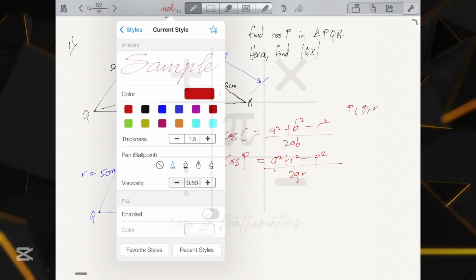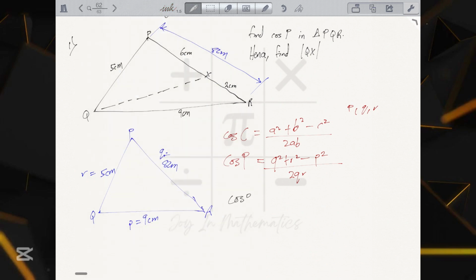Now let's simplify further. So we have cos P to be equals to Q squared. Q is equals to 8 centimeters. R is equals to 5 centimeters. And P is equals to 9 centimeters. All divided by 2 into Q, which is 8, and into 5.